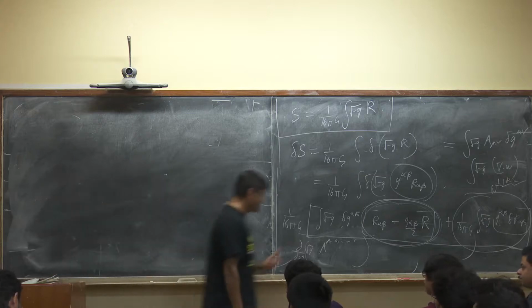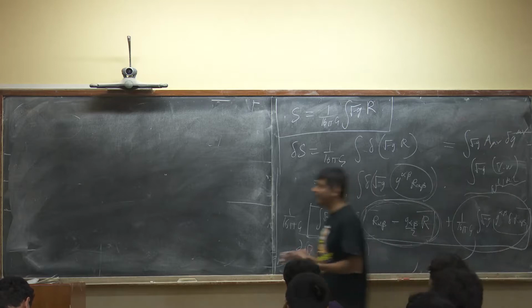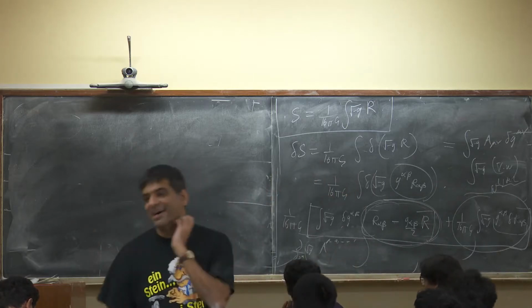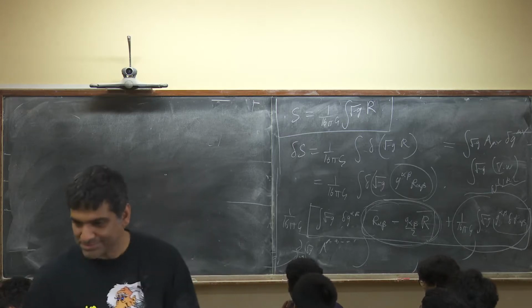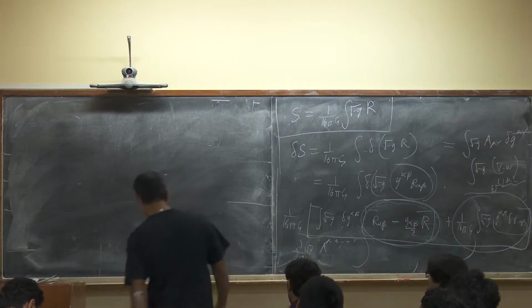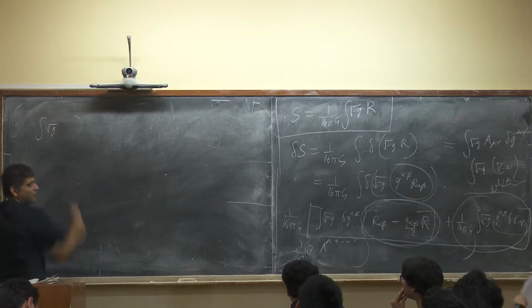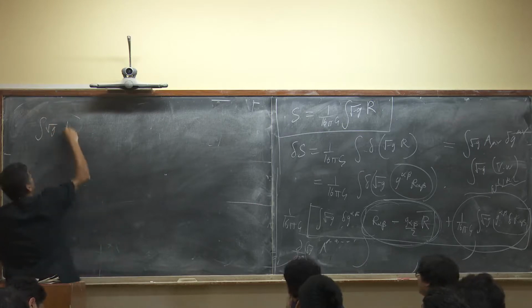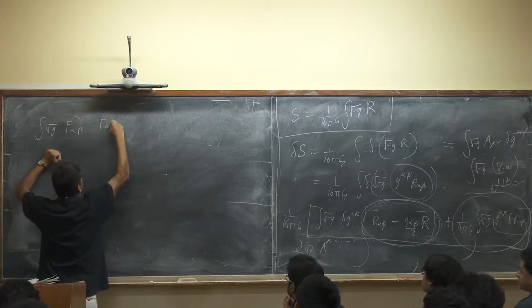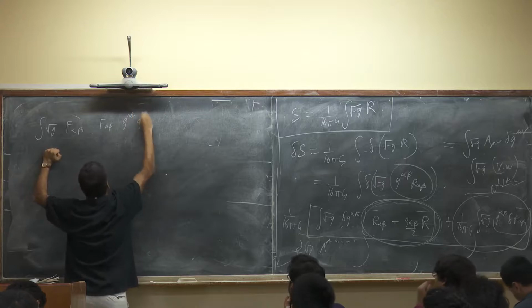Fine. Let's keep going. So we now want to put in that we could have additional terms in the action other than square root g R. Now, for instance, suppose our action was the action we wrote down in the first class of this course: F alpha beta F theta phi g alpha theta g beta phi.